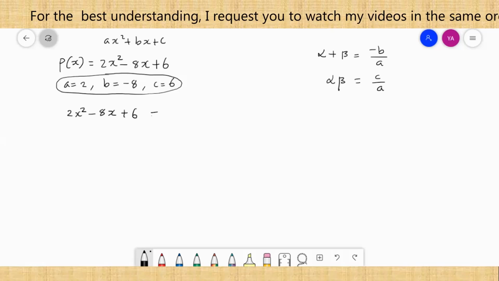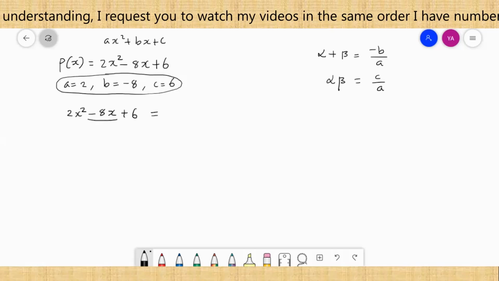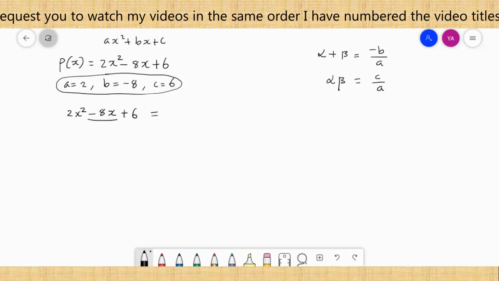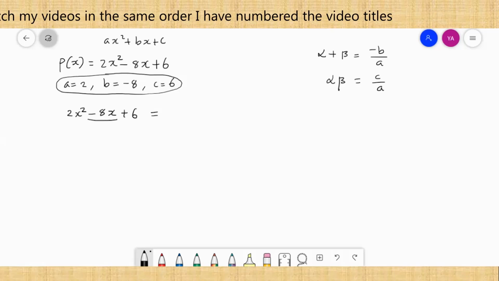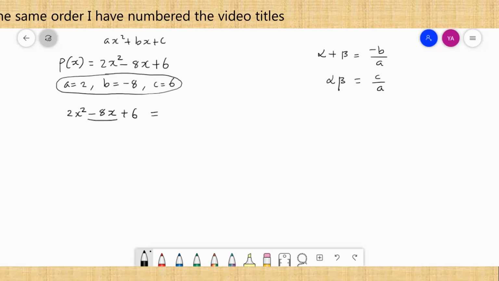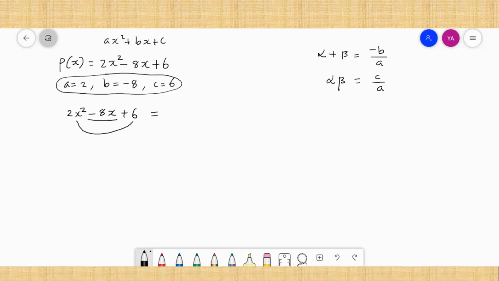You have to split the middle term, the x term, in such a way that if you multiply those two split terms, you get 2x square into 6, which means 12x square. So when you split this minus 8x, then if you multiply those two terms, you have to get 12x square.